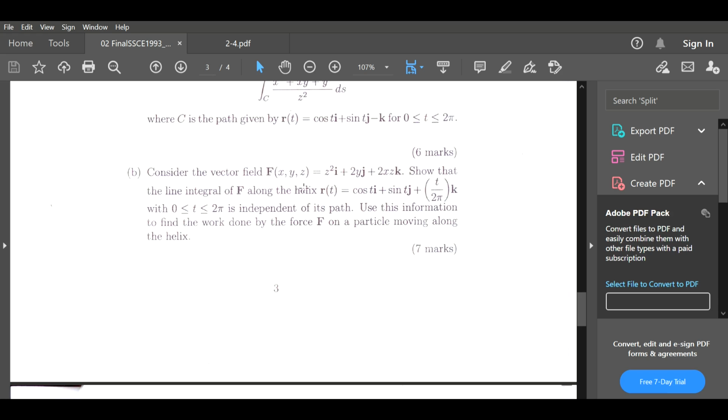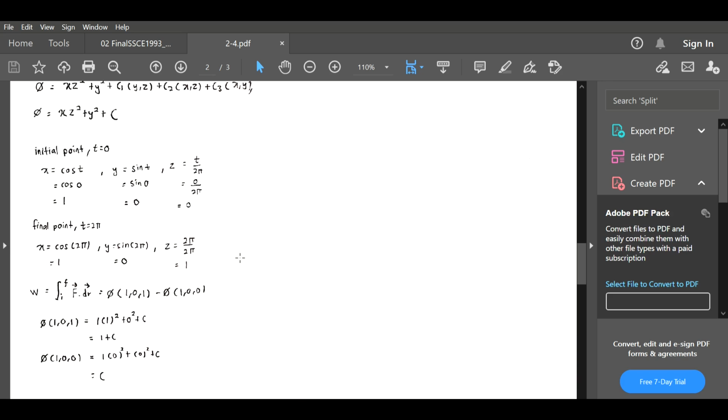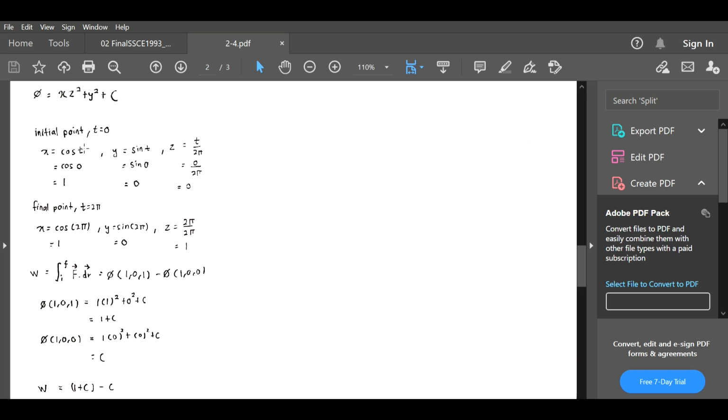We were not given the initial point and the final point, so we need to find the points first. For the initial point, using the limit given, we substitute the values x = cos t, y = sin t, and z = t over 2 pi, so we get (1, 0, 0).